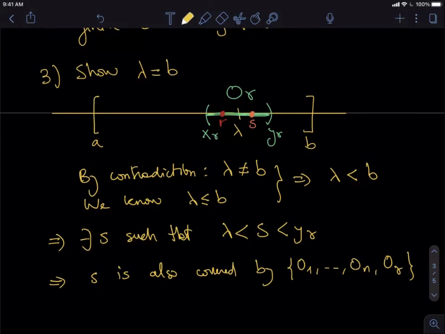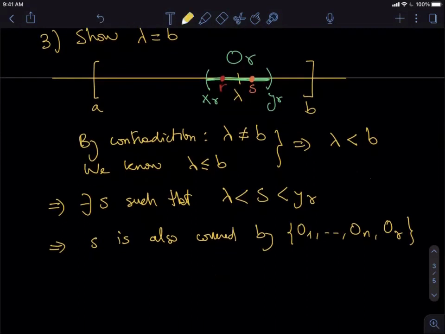You see here in the picture, it would cover R, but it also covers S. So what is the upshot here? S actually belongs to P. And by definition, S is larger than the least upper bound. This is a contradiction. It cannot be.